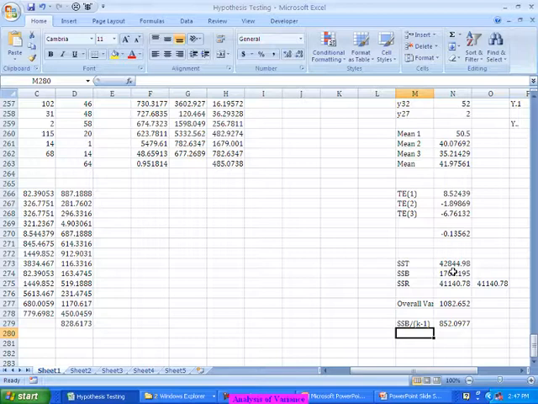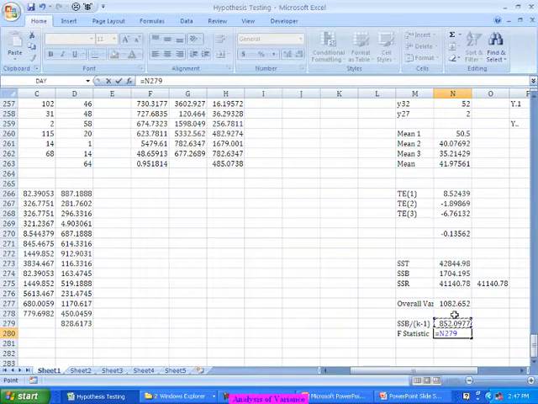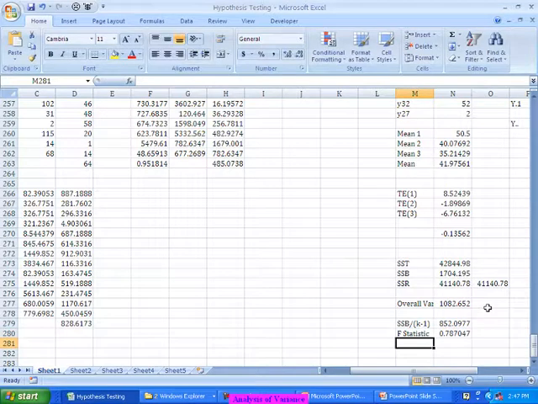The F statistic which we have to compute is this number divided by the overall variance. So this has come out to 0.78, and the degrees of freedom are k minus 1 comma n minus k.